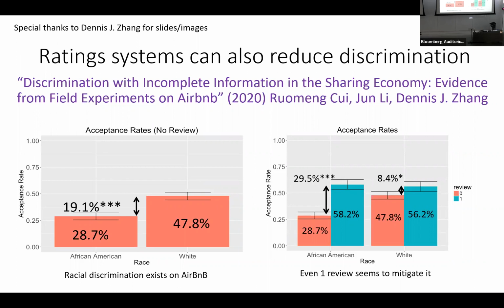If you took the same exact profile and gave them one review, and this was of course a fake review, they also created host accounts that would review their fake guest accounts, so it was a controlled study, they found that if this fake guest account had even one review, it increased acceptance rates for both white and Black guests, but it increased them so much for Black guests that it completely closed the gap on Airbnb, at least at the time.